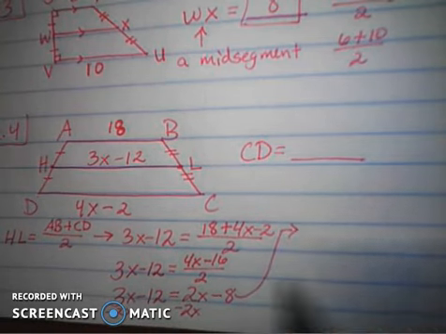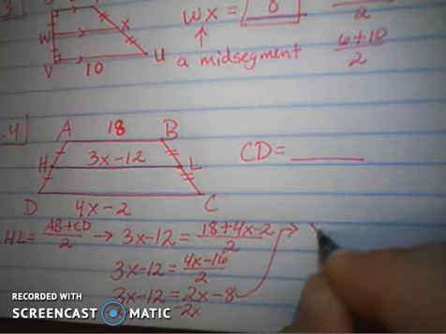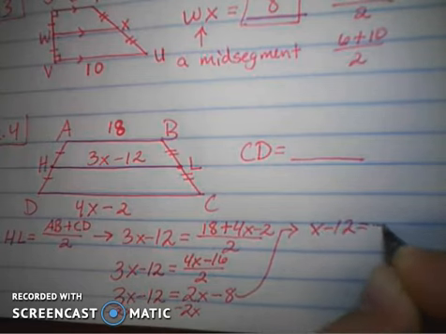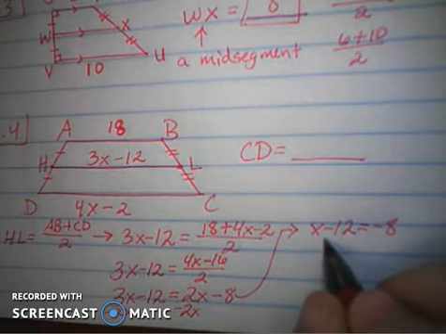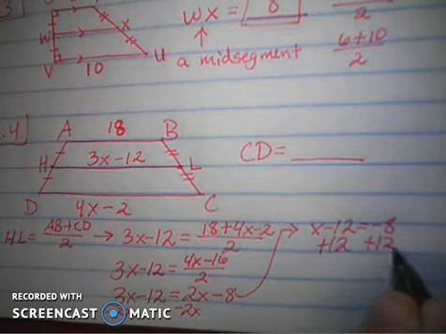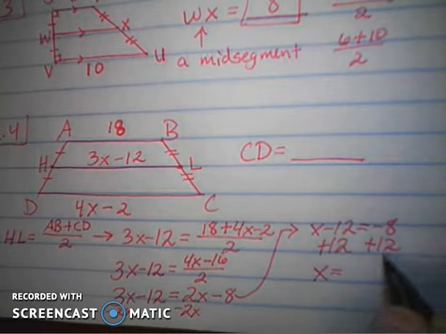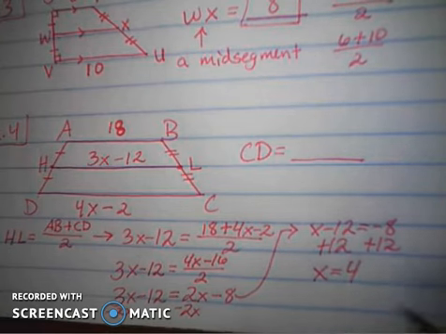Running out of room. 3x minus 2x is just x. So I'm going to add 12 to both sides. Negative 8 plus 12 is 4. So I get that x is 4.